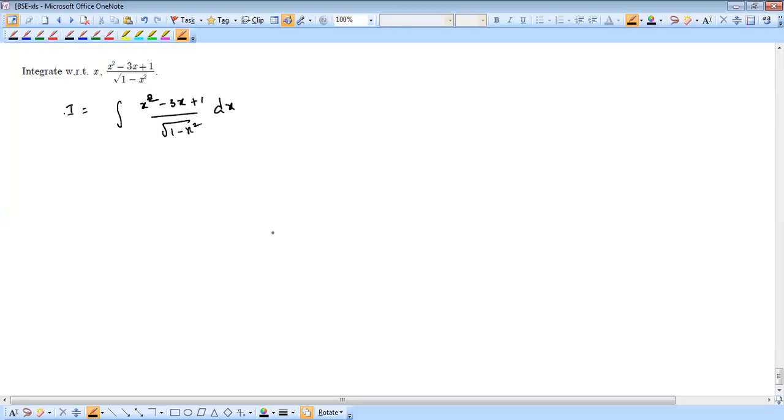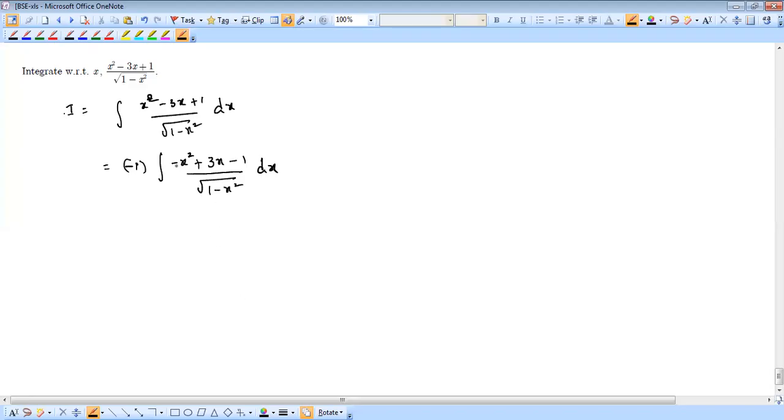Children, concentrate, in the denominator 1 minus x square is there. So in the numerator also try to reflect 1 minus x square. So first I am taking out negative outside. It becomes minus x square minus 3x minus 1 divided by root over 1 minus x square dx.